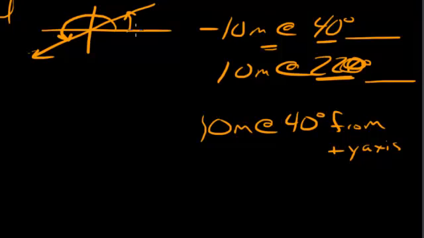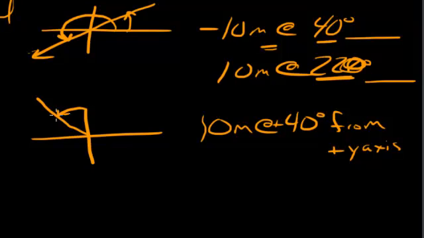Typically the zero is the positive x-axis right over here. So rather than measure from our zero as we have been, we're instead going to start from right here. Since it's a positive value, we know to go counterclockwise, so I'm going to go 40 degrees counterclockwise. That's going to put my angle right there.